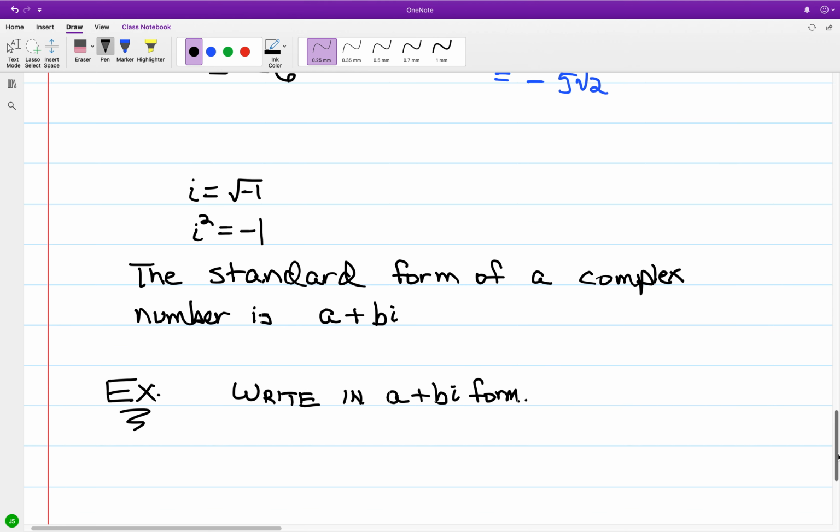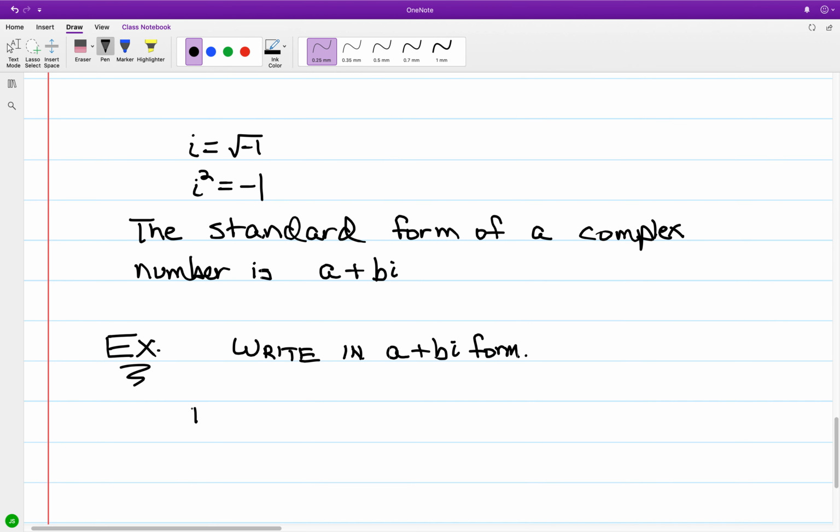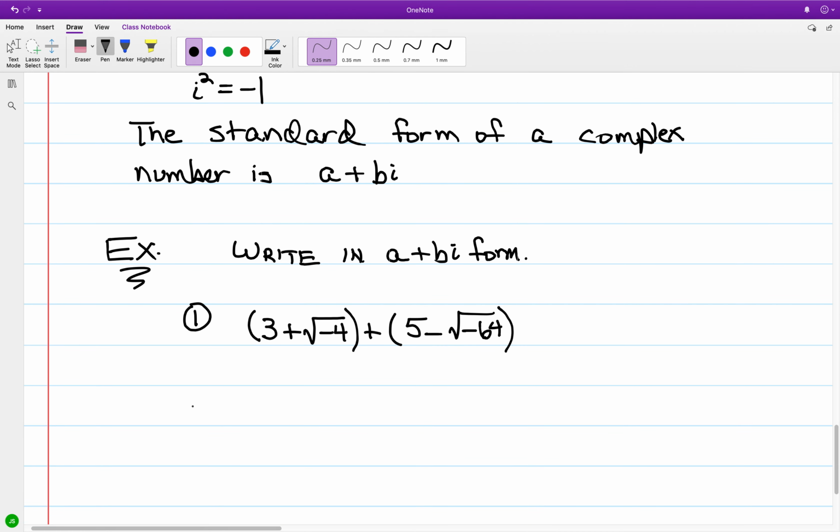And we'll say the first case, we have 3 plus the square root of -4, plus the quantity 5 minus the square root of -64. Okay, so we have complex numbers in the mix.